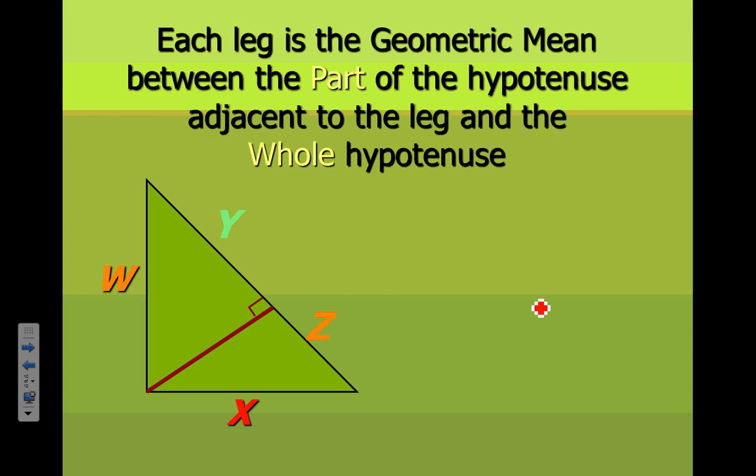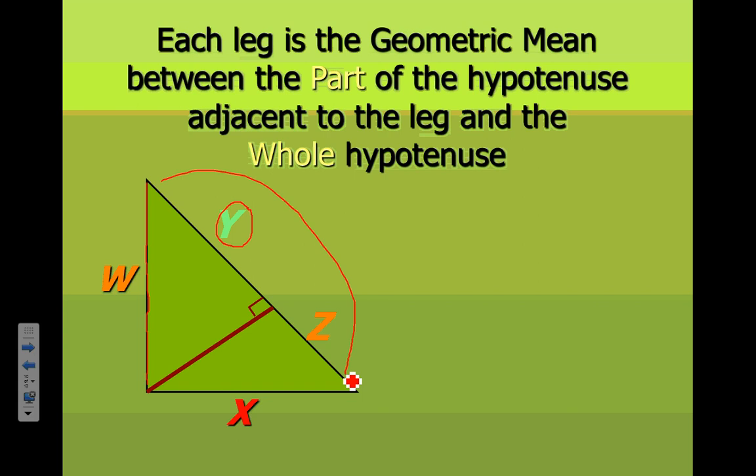Now, this is complicated, but you can do this. Each leg is the geometric mean between the part of the hypotenuse adjacent to the leg and the whole hypotenuse. What that means is each leg of the big triangle is the geometric mean of this part here over the whole hypotenuse.